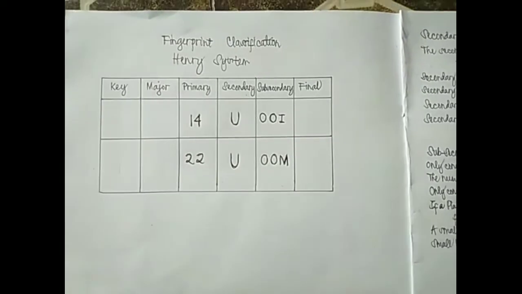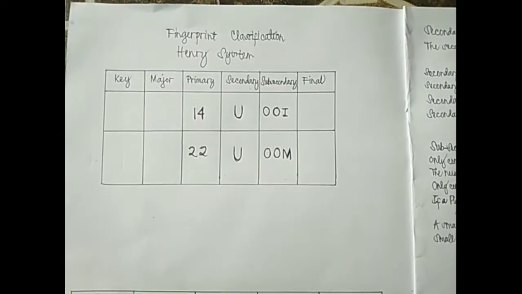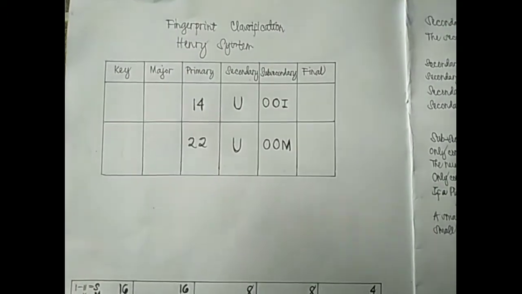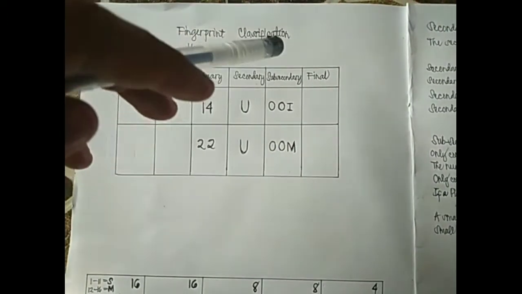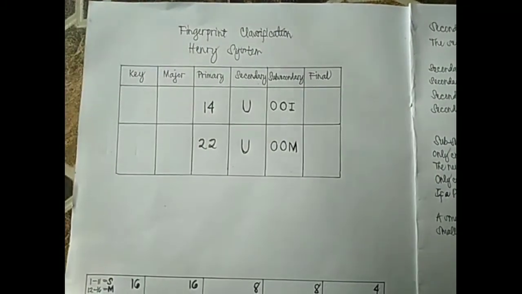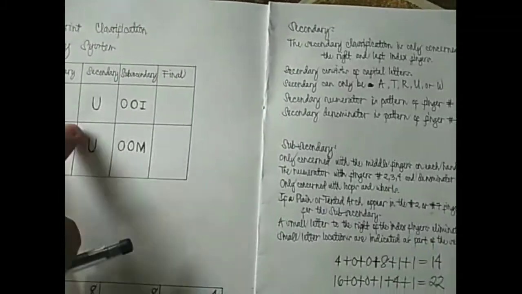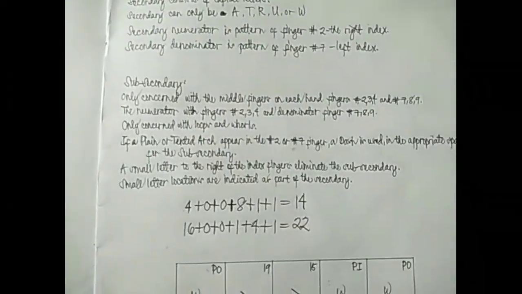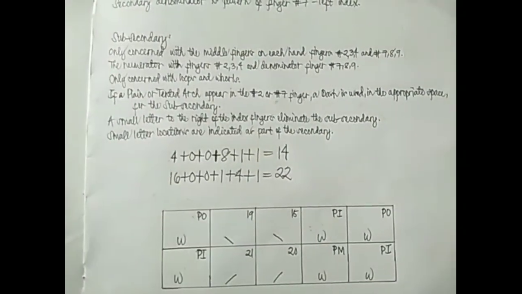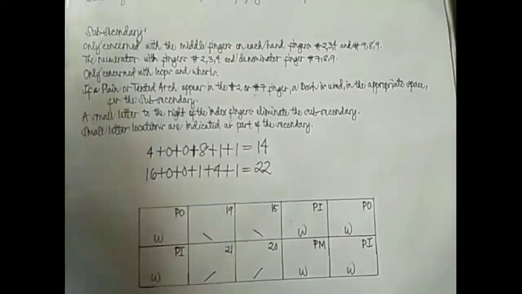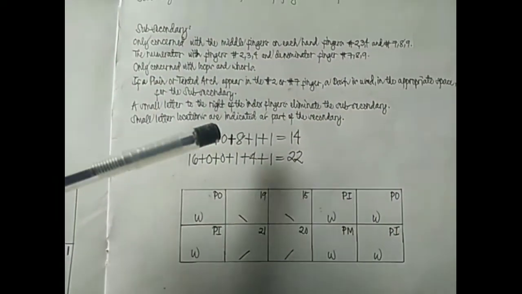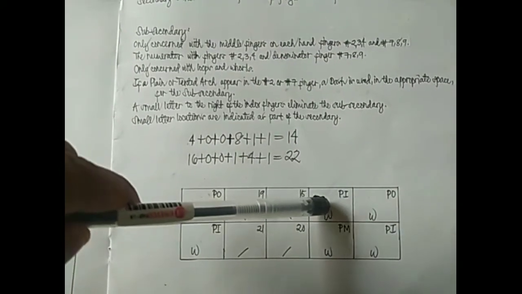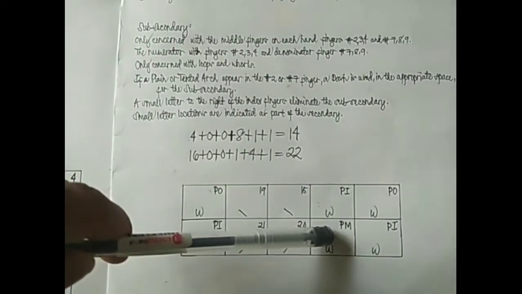So next is to determine the subsecondary. Subsecondary consists of capitals I, M, and O. Subsecondary is only concerned with the middle fingers on each hand, fingers number 2, 3, and 4, and fingers 7, 8, and 9.